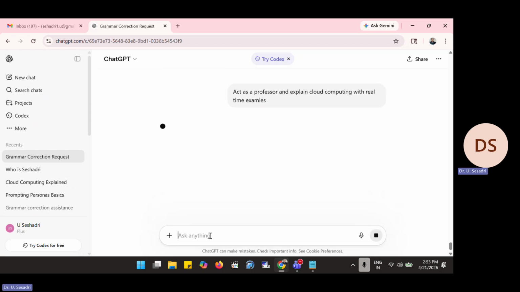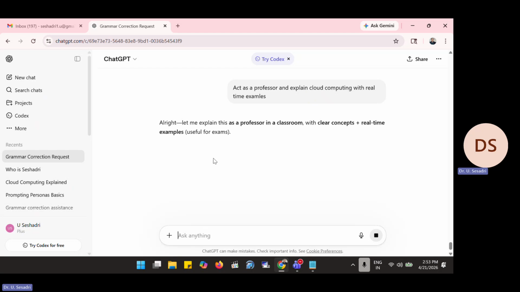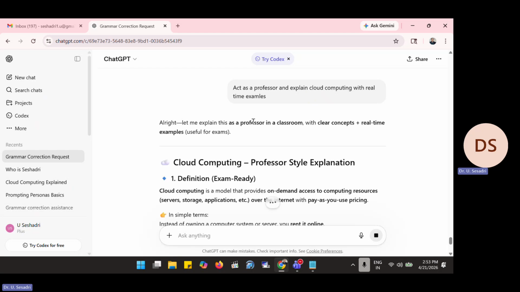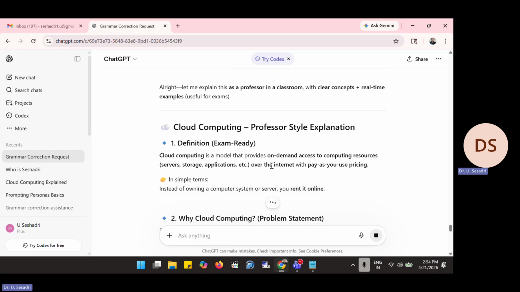Here I mention the persona. It means I tell the AI to act as a specific person, role, or expert, and accordingly it provides the answer. Before answering, I can add the persona.